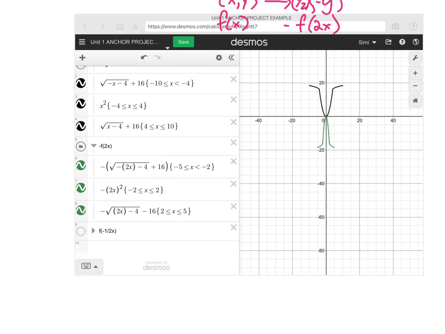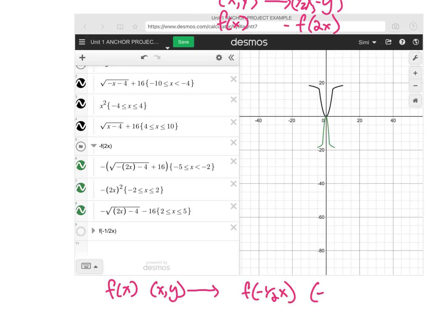Okay, for this next one, if I have my original function, it gives me the values x, y, right? Then my new function, well, what's happening here is nothing's happening to the function vertically, but we are seeing a horizontal reflection and a stretch by 2.